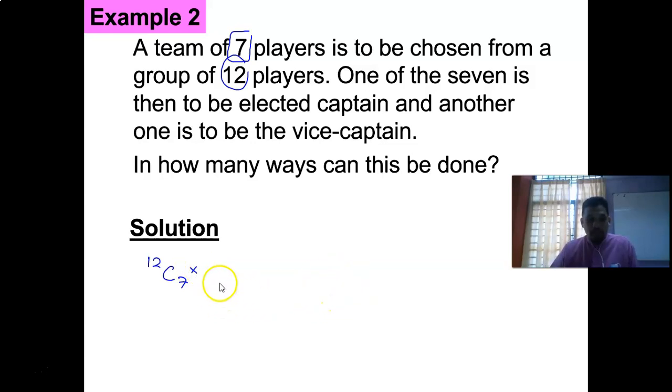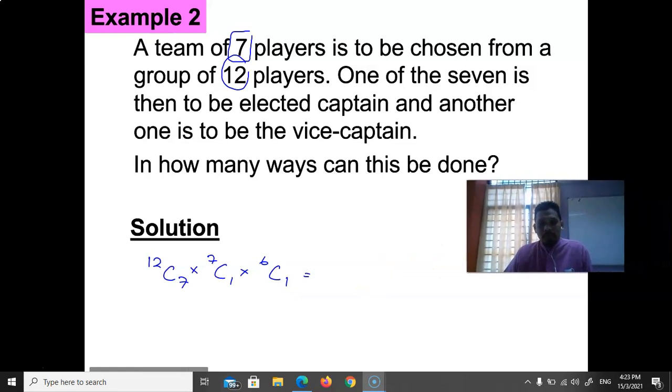So from 12 we choose 7, then multiply with, from 7 we choose 1 to be elected as a captain. Then 7 minus 1 equals 6, and from the 6 left we choose 1 as a vice captain.